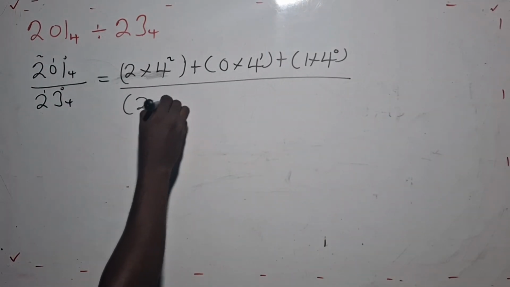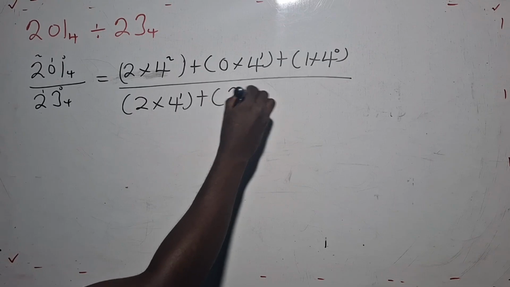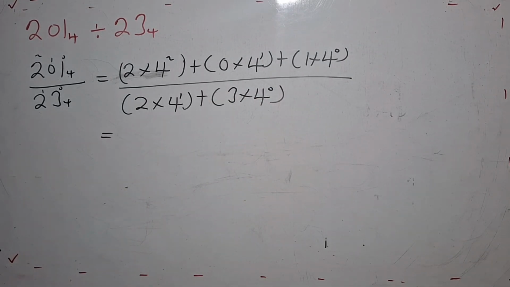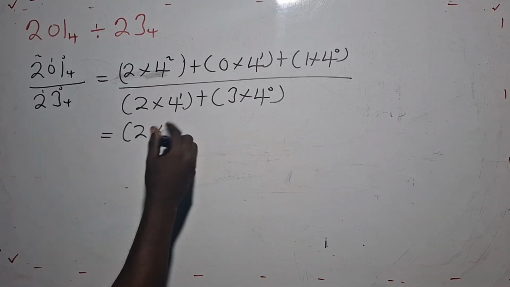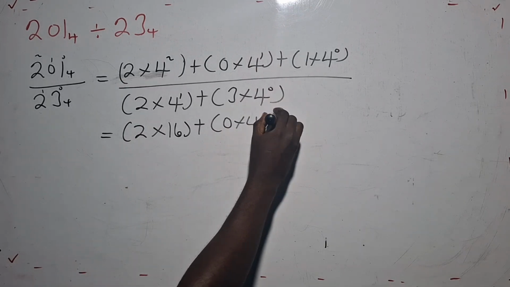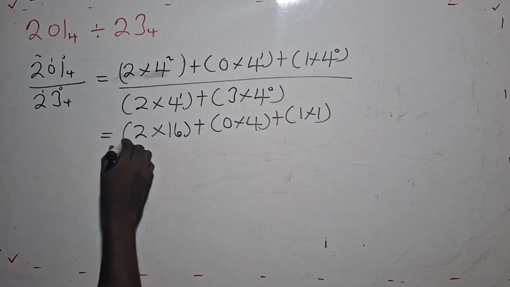Then I'll have 2 times 4 power 1 plus 3 times 4 power 0. So follow closely. This will give us 2 times 4 raised to the power 2, 4 times 4 which is 16, plus 0 times 4 raised to the power 1 is the same. Then I have 1 times 1. Any number raised to the power 0 is 1.